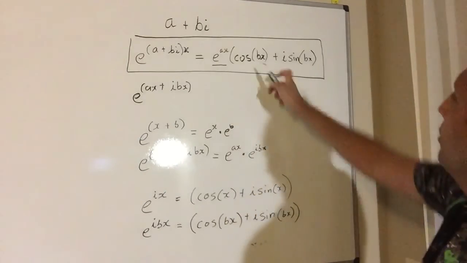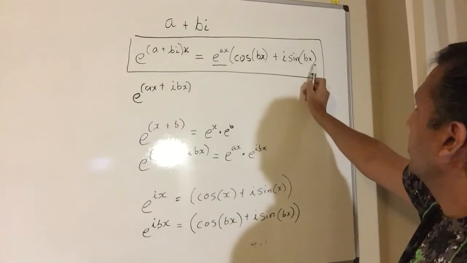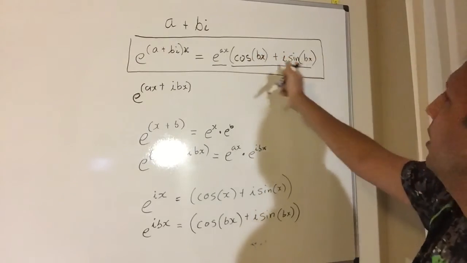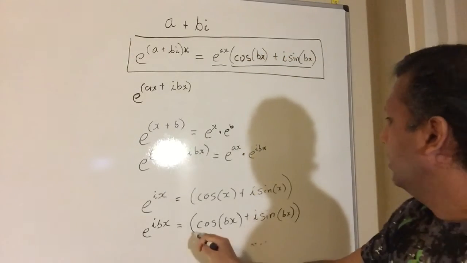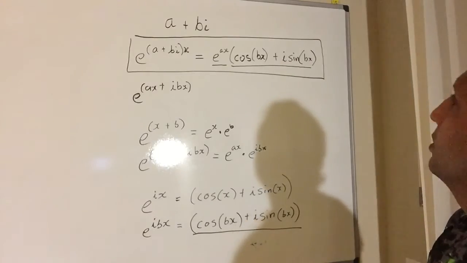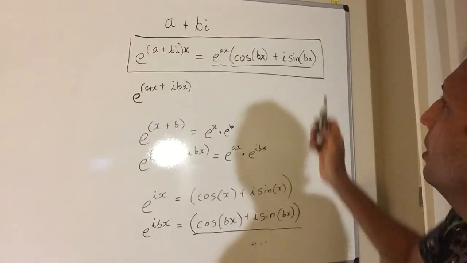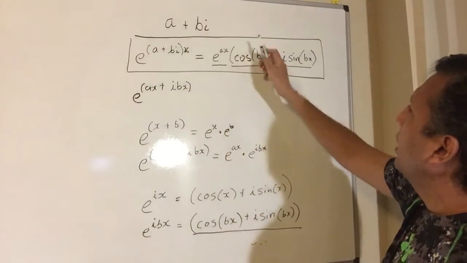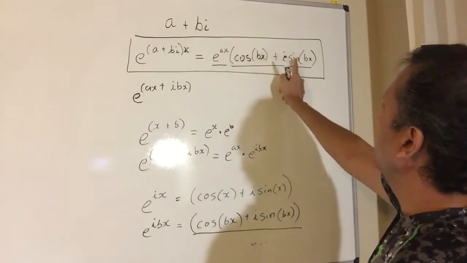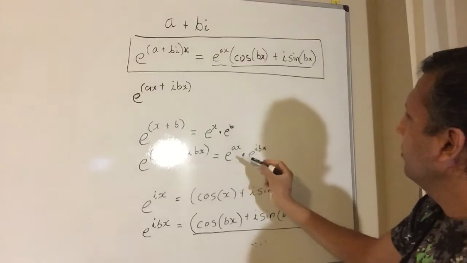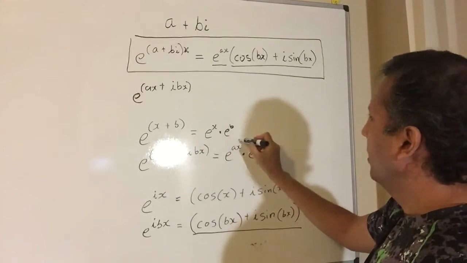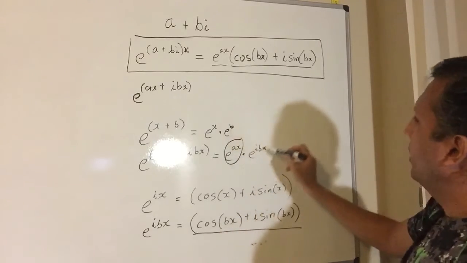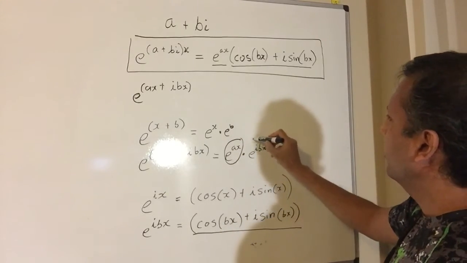And now we found this value, the second part of this multiplication, and that's this. So I've taken this expression and I've gotten the values or the products for this. So we have e to the ax multiplied by e to the ibx.